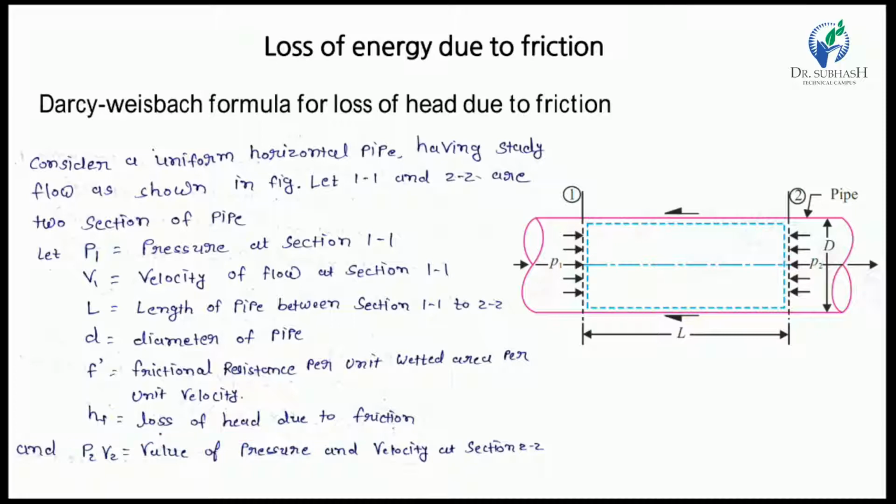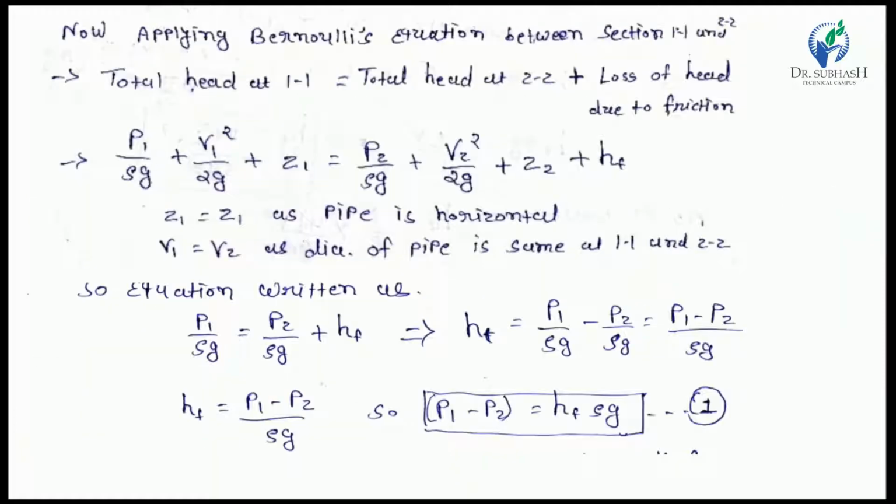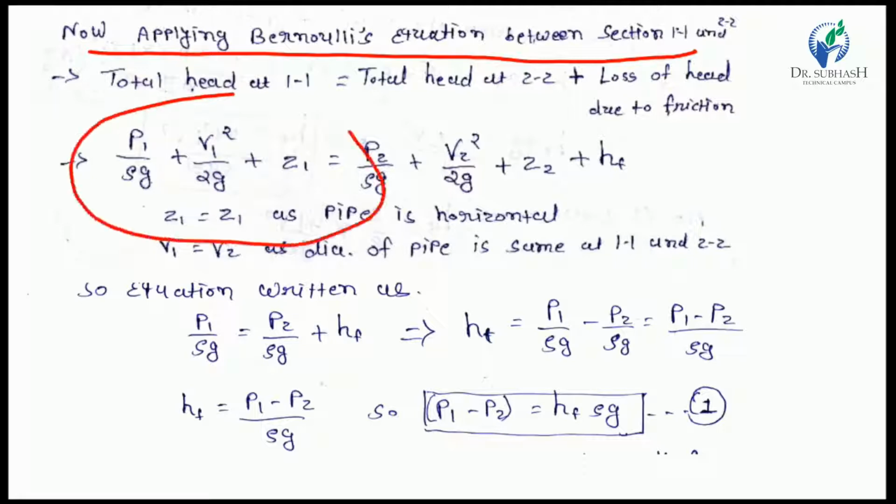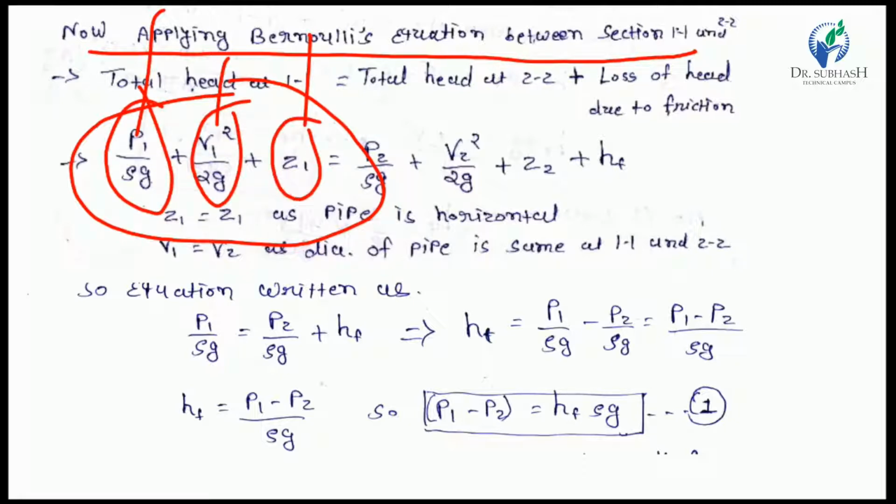Now applying Bernoulli's equation between section 1 and section 2. We know that Bernoulli's equation has three energies: pressure energy, kinetic energy and potential energy for section 1. Similarly, these three energies for section 2.